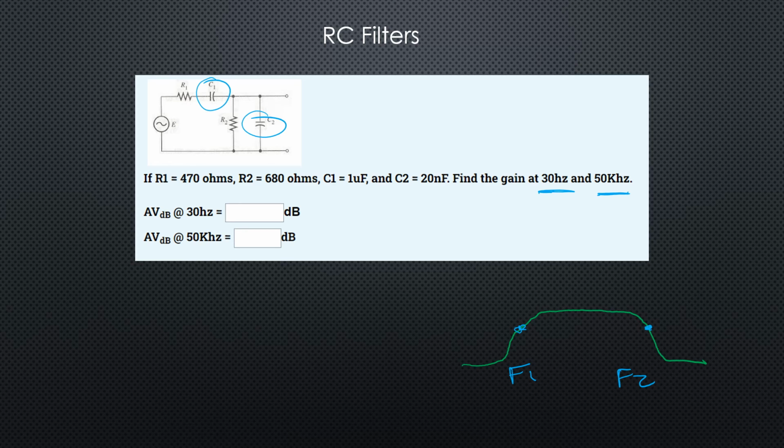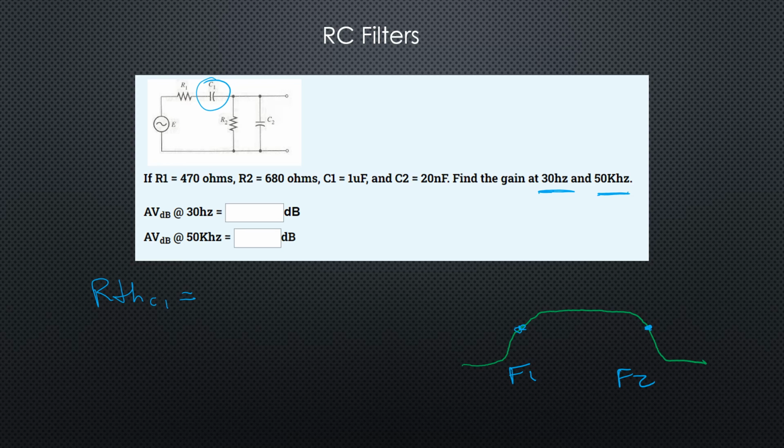And we know that at FC2, X sub C1 is going to be acting like a short. So let's do R Thevenin for C1. Now at this point in the Bode plot, X sub C2 is acting like an open.